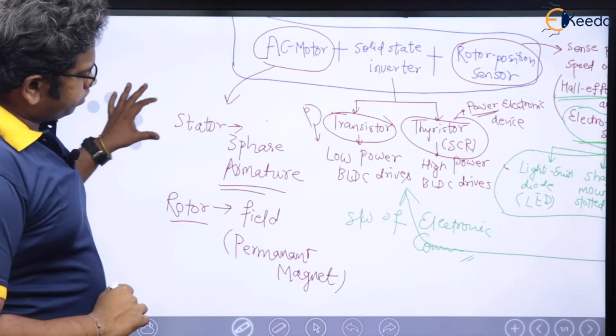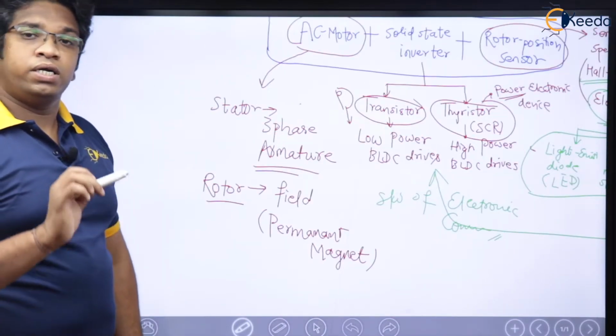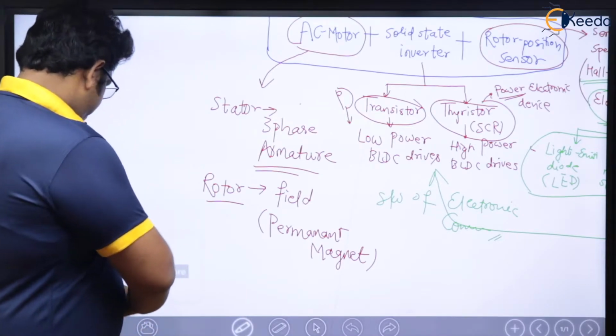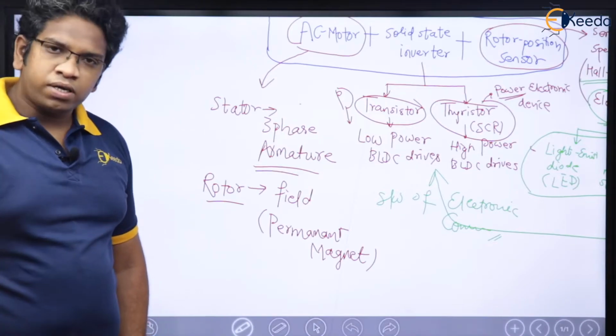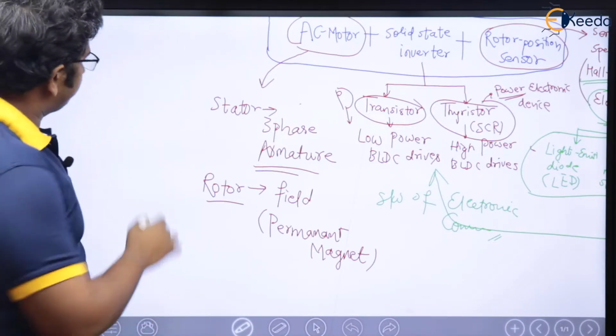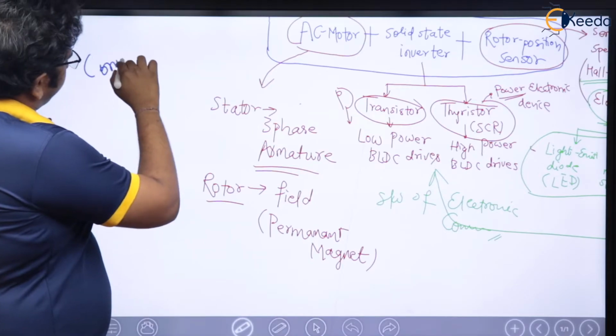Now see what happens in the actual DC machine, in the sense of our ancestors' times, the conventional DC machines.